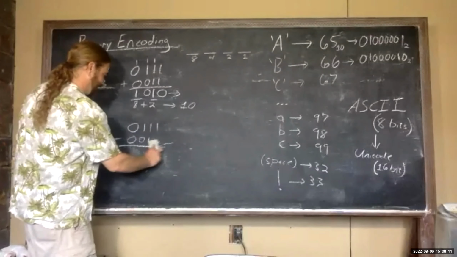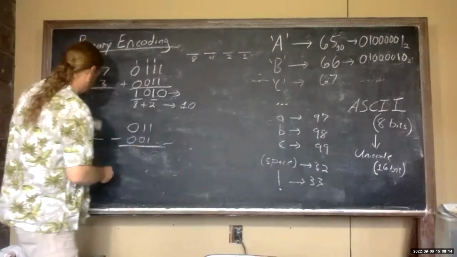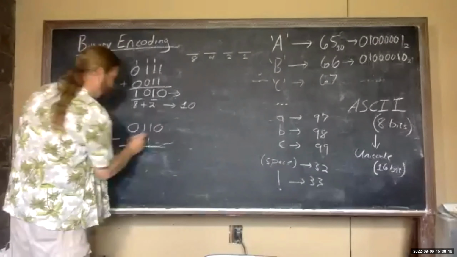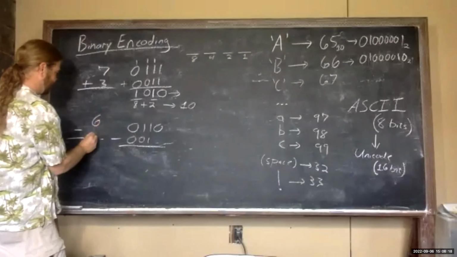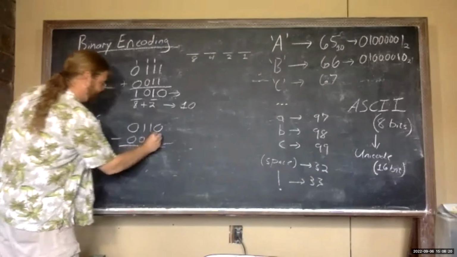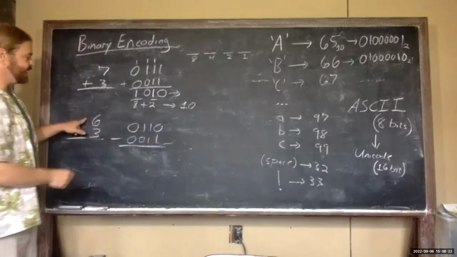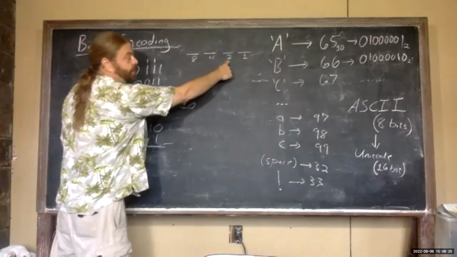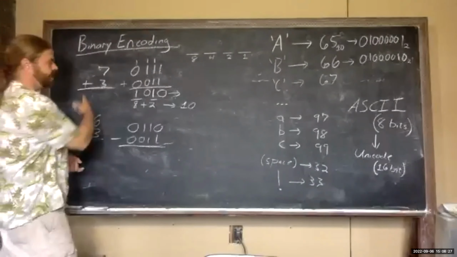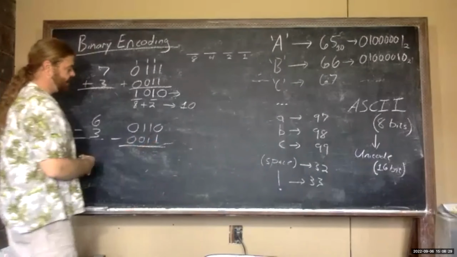Oh wait, I'm thinking backwards. Let's do 6 minus 3. That'll work. So 6 is 4 plus 2, and 3 we already saw is 2 plus 1.